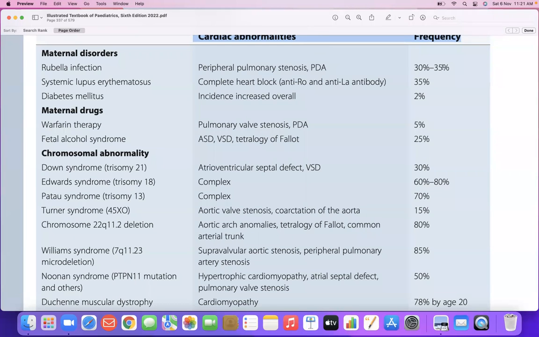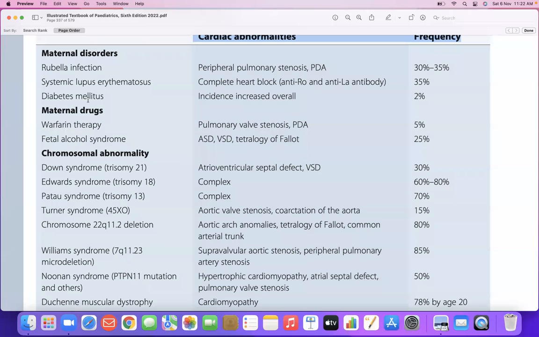See here, it's very high, 30 to 35%. Then SLE can present as complete heart block. A mother having SLE, the neonate can present to you with complete heart block. Then diabetes mellitus, incidence increased overall.